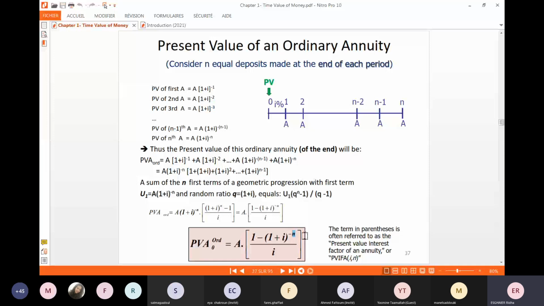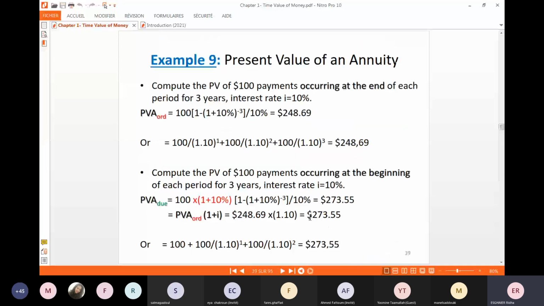Let's finish our example. If you forgot this formula, don't panic. Discount each amount separately. It will take more time for the calculation and it will increase the risk of errors in the calculation, but you can do it.